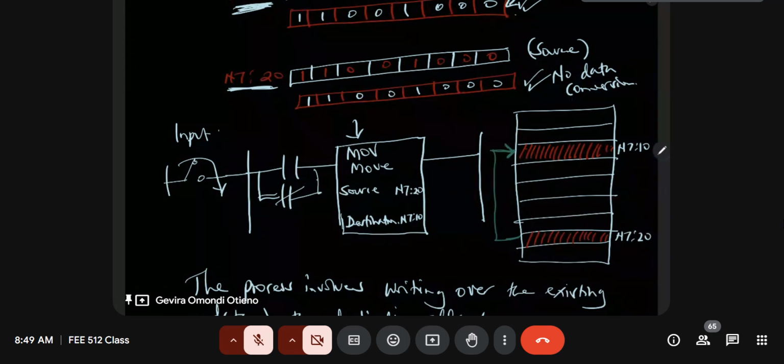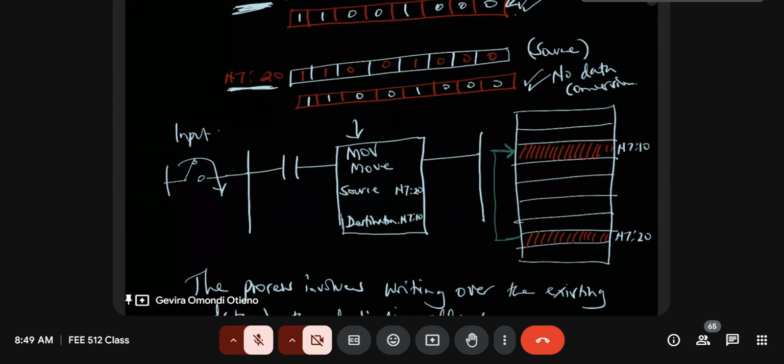Alternatively, it can just be programmed unconditionally, meaning in this case, no initial conditions are set. So it's just activate the move and execute.